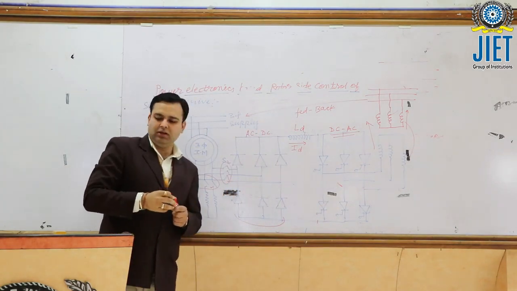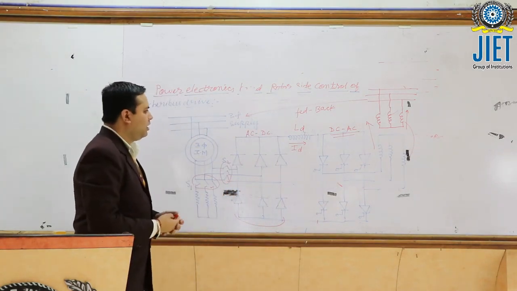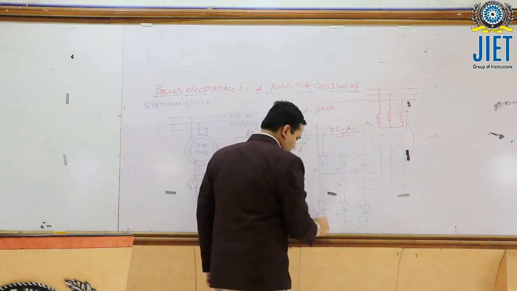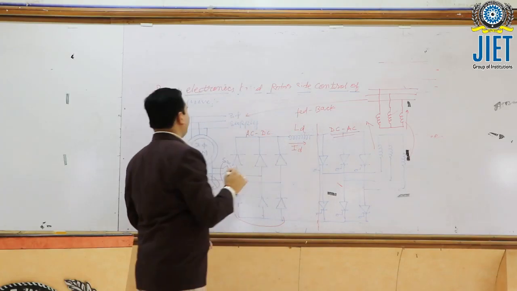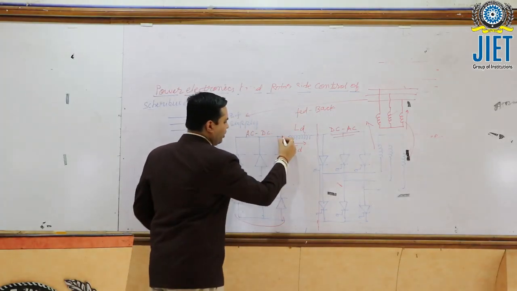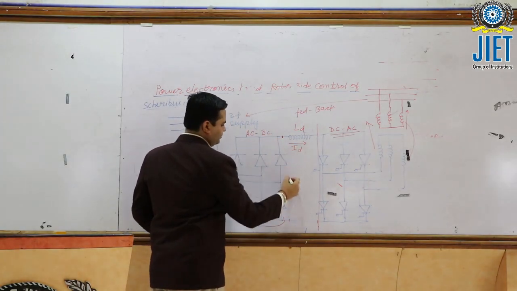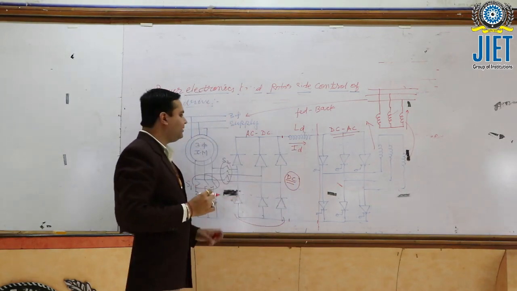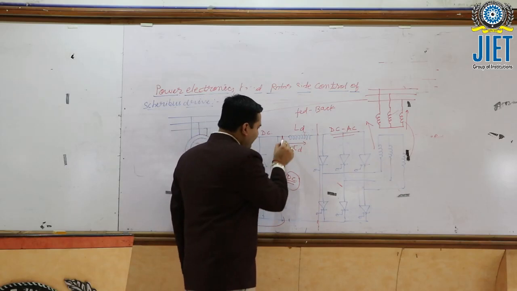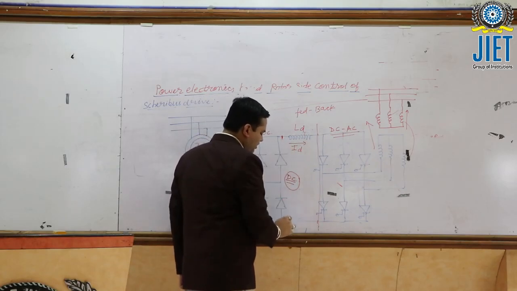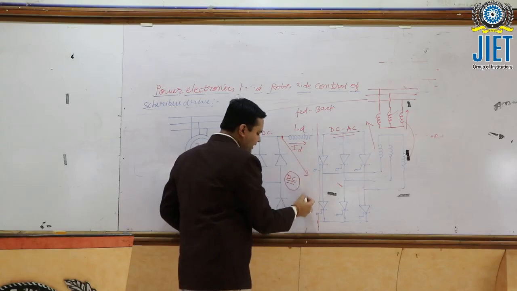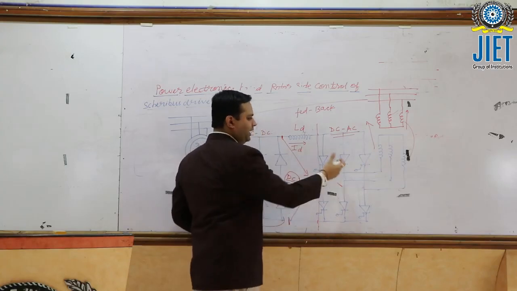In the second method, that is the Kramer drive system, let's discuss the Kramer drive system. At this particular point, we obtain DC. Agree? So if DC is obtained here, is it possible to utilize this DC directly without converting it into AC?